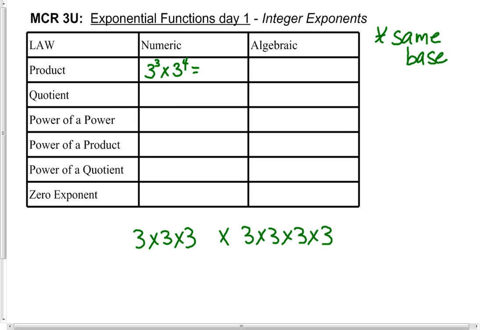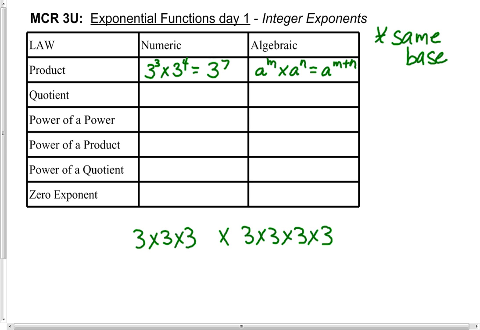That we can write as a power as 3 to the 7. So from last year, you know that algebraically, if you have two powers with the same base and you multiply them, you can add the exponents.